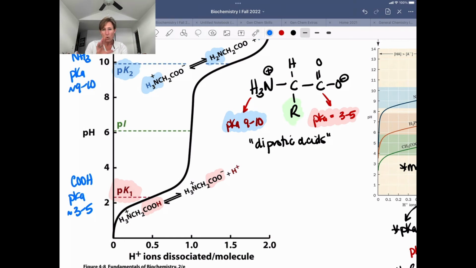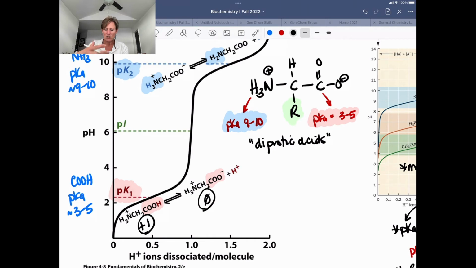One of the things I want to highlight here is that when we're all the way down in the acidic spectrum, we're going to end up with a molecule that has a +1 charge. Once we lose the proton on that carboxylic acid, we end up with that zwitterionic species that now has no net charge. It's not that it's uncharged, it has no net charge.